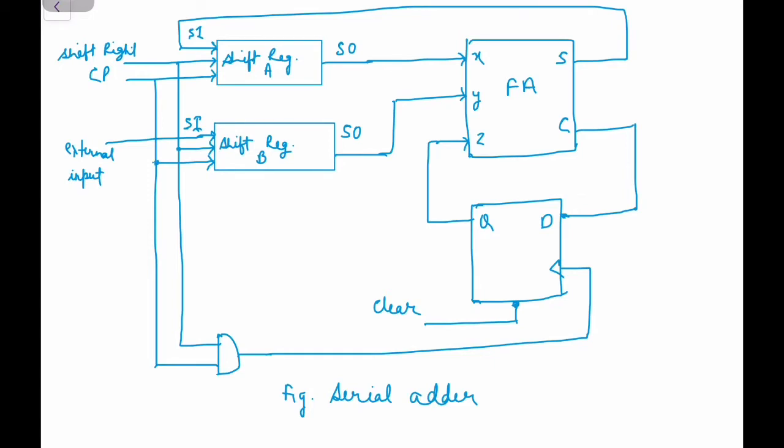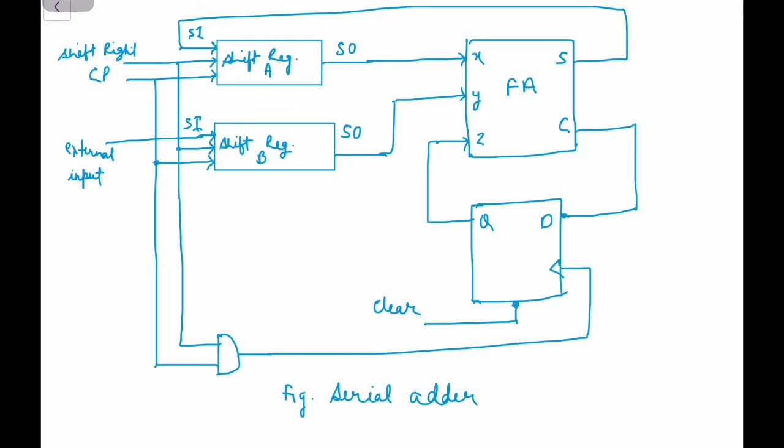One by one the bits from register A and register B come out and are sent to the input side of the full adder, and the previous carry bit is given to the full adder by the D flip-flop, and the sum bit one by one will be present at the sum pin of the full adder.